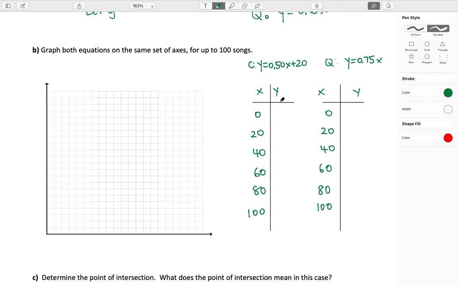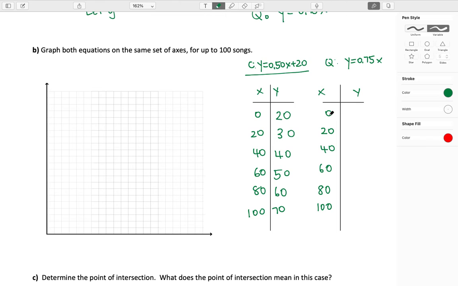Now for the Y value, I'm going to plug 0 into my X. So 0.5 times 0 plus 20 is going to give me 20. And then 20 times 0.5 plus 20 is going to give me 30. You're going to do all the calculations by using your calculator, and this is what you're going to get by plugging into this equation.